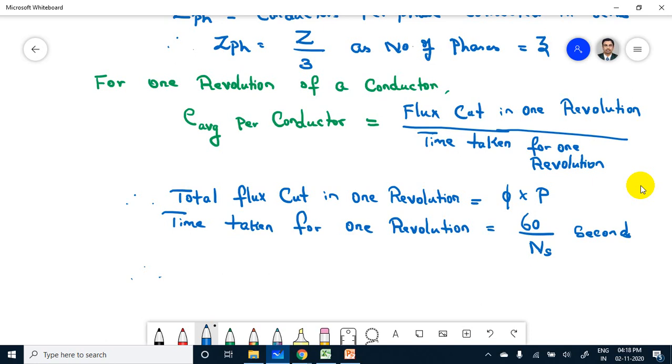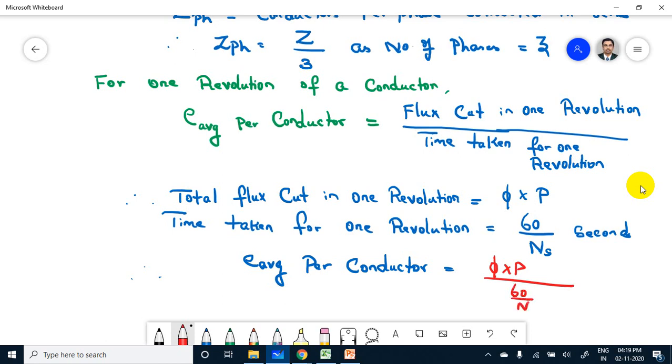Therefore, substitute these two parameters in our equation. E average per conductor is equal to the flux cut in one revolution, φ into P, divided by the time taken for one revolution, 60 by Ns.